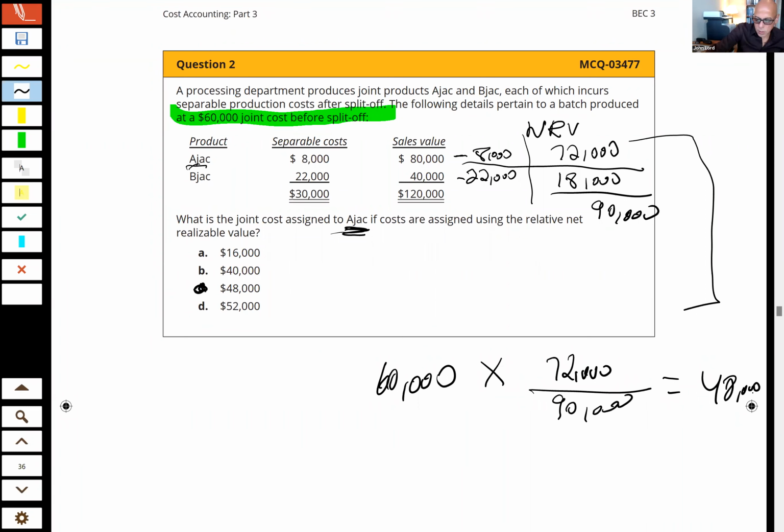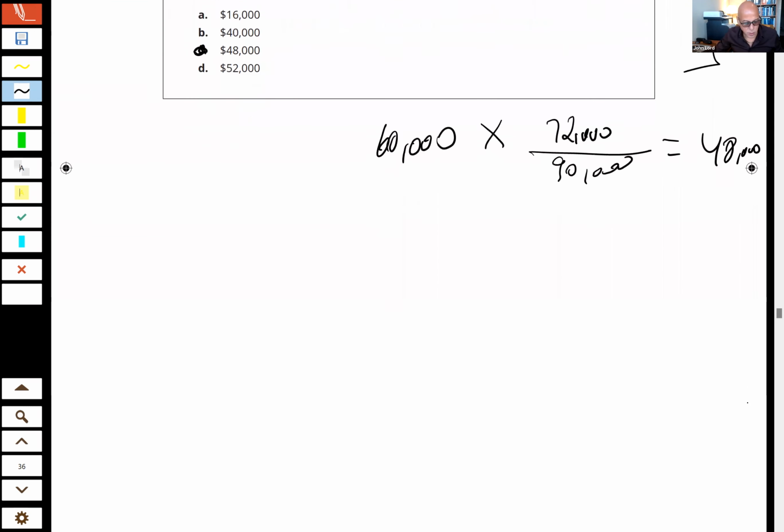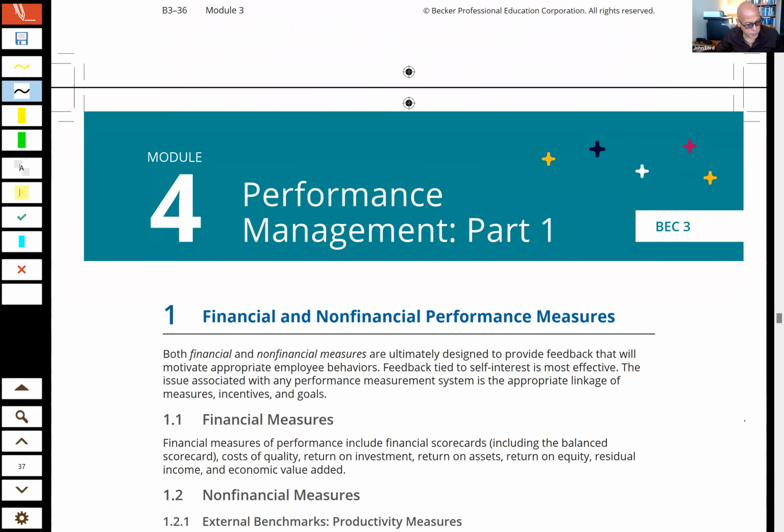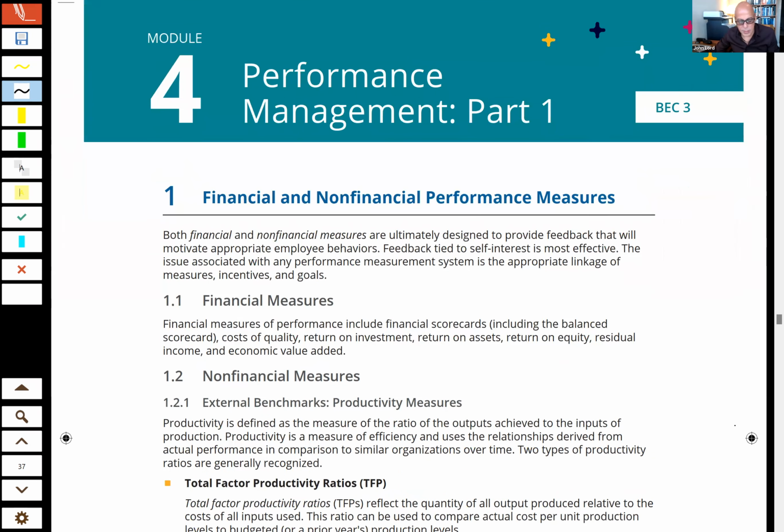Okay, good. Let's come over and take a look at our module 4, and we're going to start to get into performance management. We're going to have two parts to this. The first part is largely definitional. I'm going to show you some various tools to measure performance, and then we're going to start to get into some ratio analysis to measure, and most of it is looking at things like how our profitability will indicate what sort of return we're getting for various investments, both debt, stock, assets, that sort of thing.